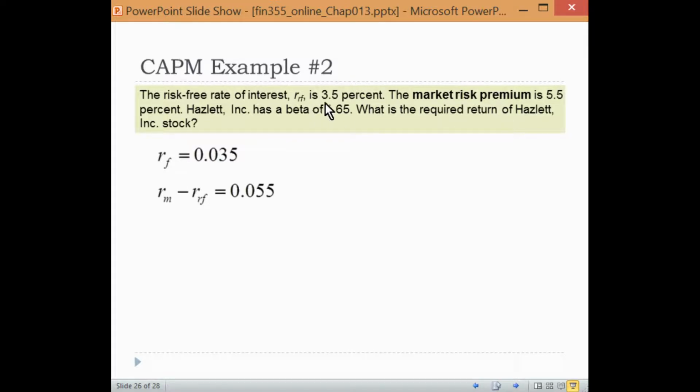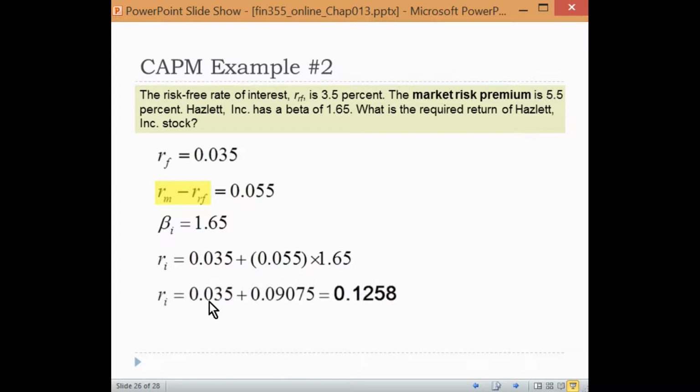I've got those assumptions here. 3.5% is the risk-free rate of interest. The market average risk premium, or what we call the market risk premium, is 5.5%. We were told that Hazlitt Incorporated has a beta of 1.65. So when you plug all these things together, again, the risk-free rate plus the market risk premium in parentheses times beta gives us the result.